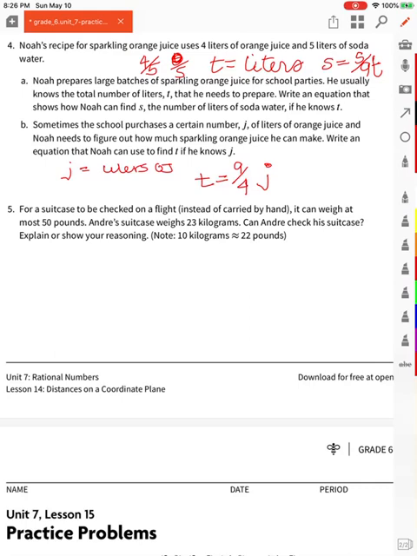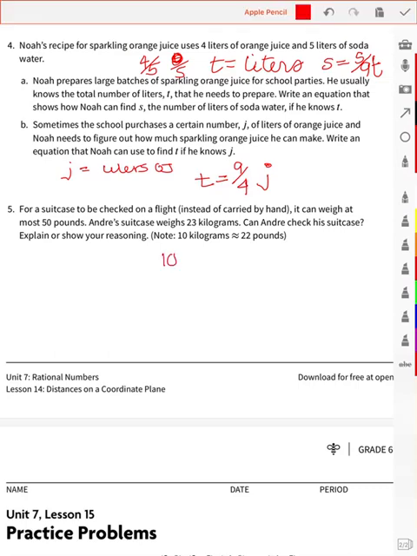So it says 10 kilograms is equal to 22 pounds. So let's make a little table here. And this will be kilograms, this will be pounds. So if we're doubling that, it would be 20 and 44.